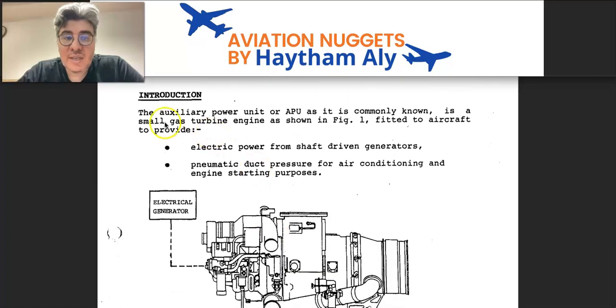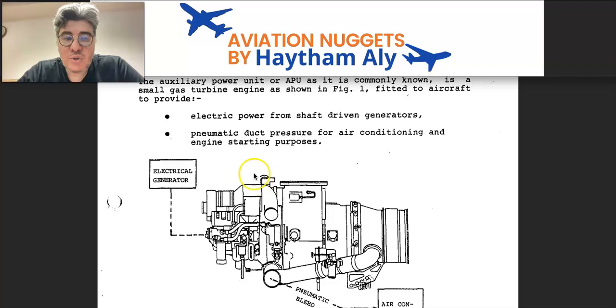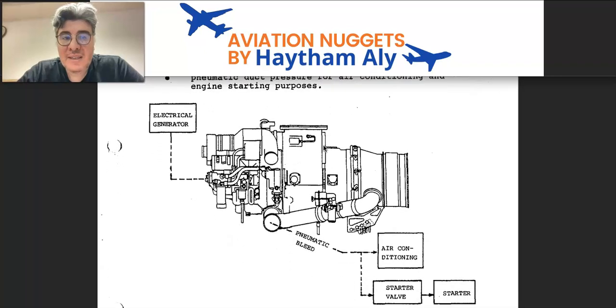As you can see here, everybody, the auxiliary power unit, or APU as it is commonly known, is a small gas turbine engine, as shown in this figure, fitted to aircraft to provide electric power from shaft-driven generators, and pneumatic duct pressure for air conditioning and engine starting purposes. Most main gas turbine engines have a pneumatic starter, so you need to start the APU first, and when the APU becomes available, you can take bleed to start the main engine thanks to the air starter on the gas turbine engine.